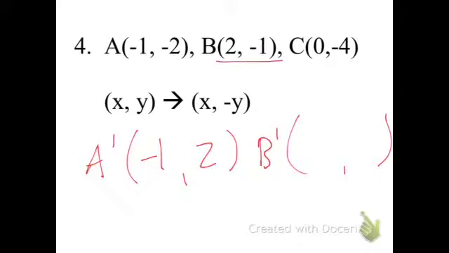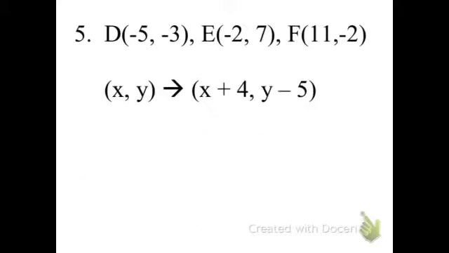B prime comes from B, which is at 2, negative 1. X stays the same. The sign on y changes to the opposite. C prime comes from C, which is 0, negative 4. I need to change the sign, not on both, on the y. It used to be negative 4, now it's positive 4, and that's those.